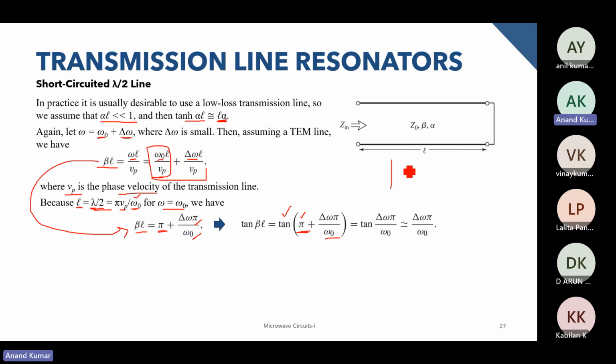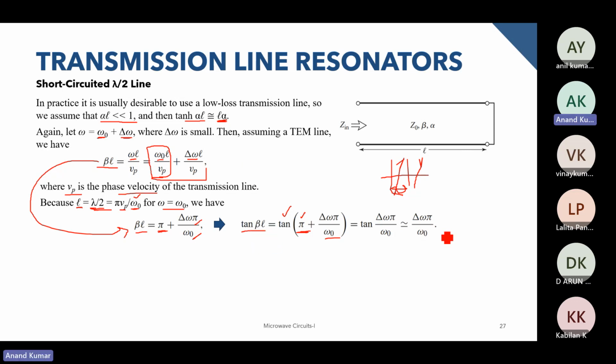If you remember, tan has a plot something like this, which is pi periodic. So we effectively have tan beta L, and since delta omega by omega naught is very small and tan is very linear for small values, the whole thing is approximately equal to the argument itself, pi delta omega by omega naught.